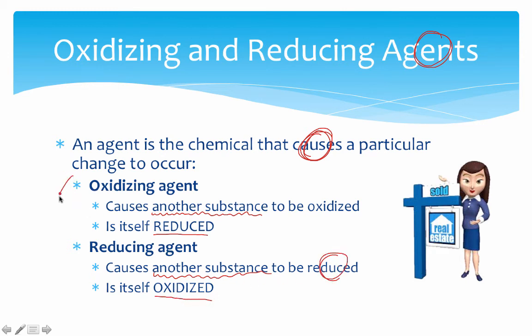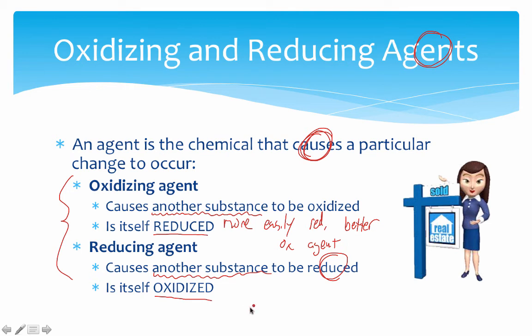And these are, again, very closely related to one another. The thing you can think of is that something that is more easily reduced makes a better oxidizing agent. So if your substance here is more easily reduced, it is a better oxidizing agent. It is better at making that reaction happen faster.